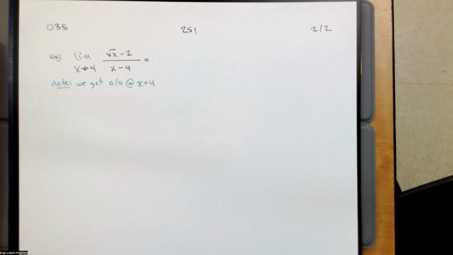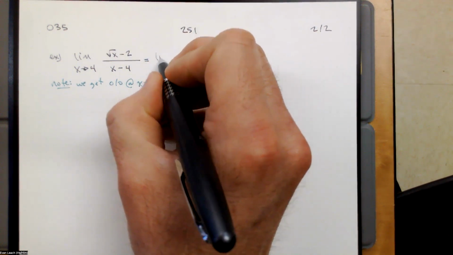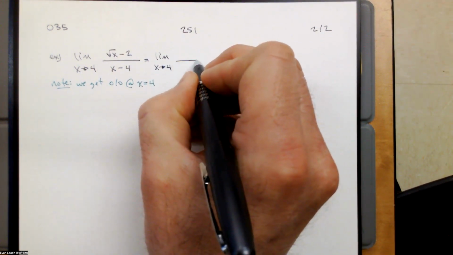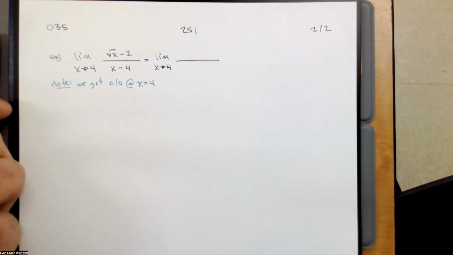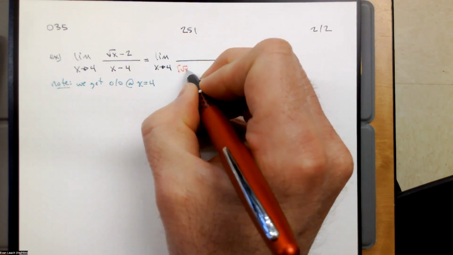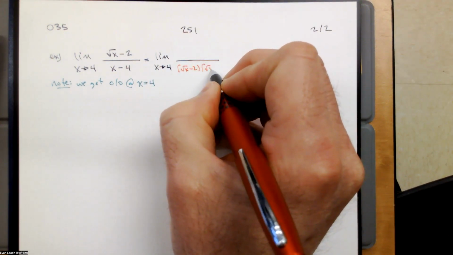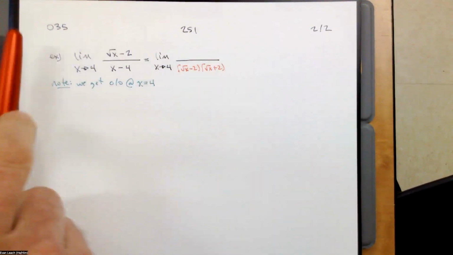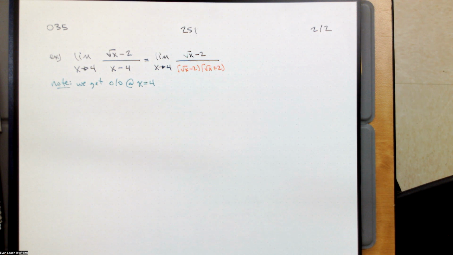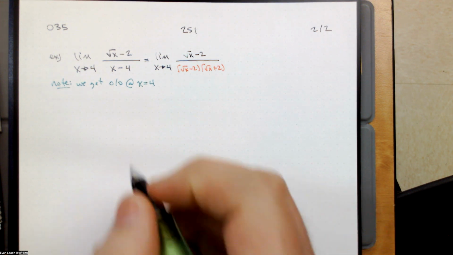This is not a rational function, but I'm thinking in terms of rational functions. We're still doing that thinking. What we're going to do is factor the denominator. Zero over 0 at x equals 4 suggests there's something to cancel.